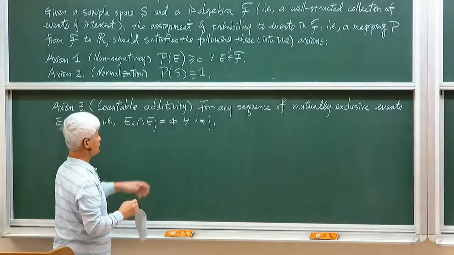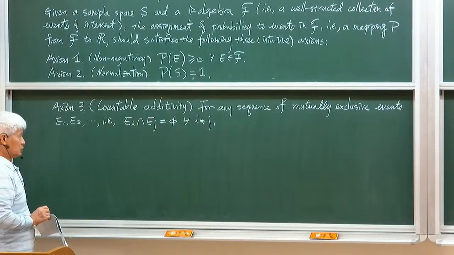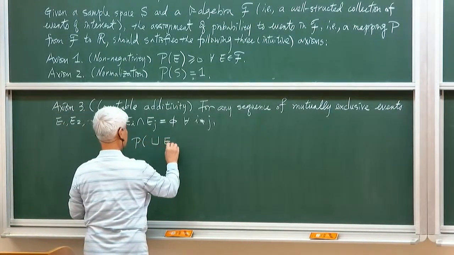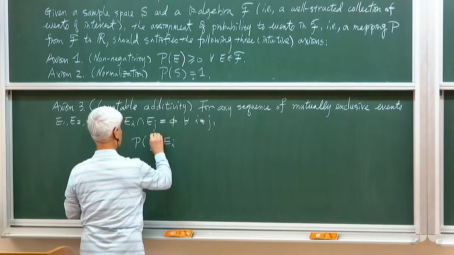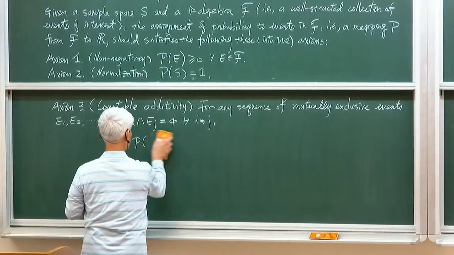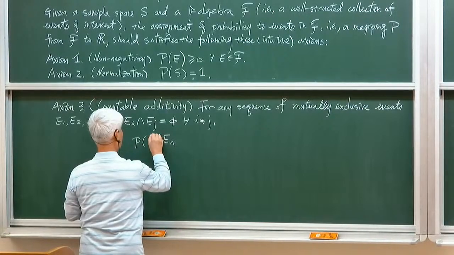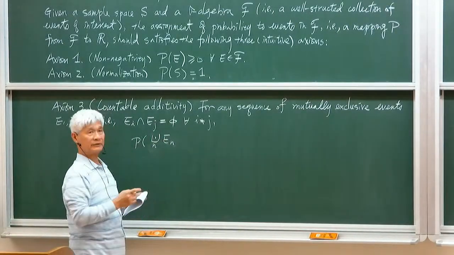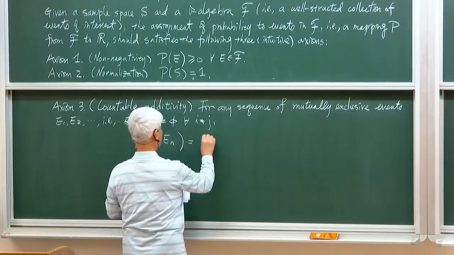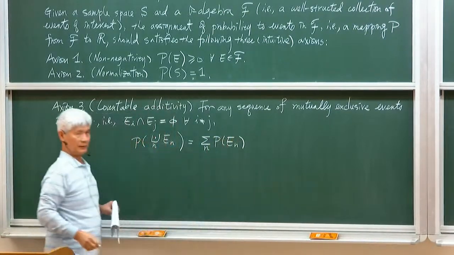So for such a sequence of mutually exclusive events, the probability of their union, and we put a dot here, and I will explain the meaning of the dot union, must be the sum of the probabilities of each event E sub n.